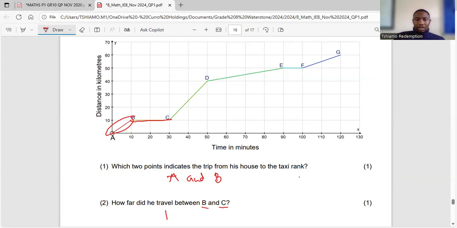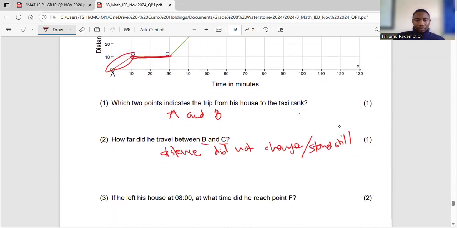The distance did not change. We can say he stands still. There's no movement. We're talking about distance. So whenever we see a straight line like that, it's not moving.